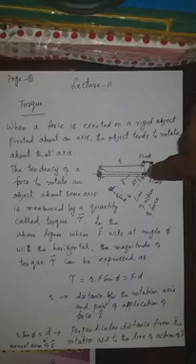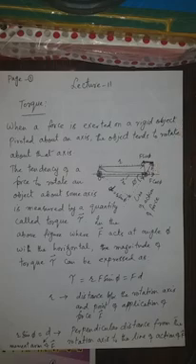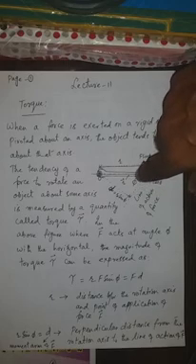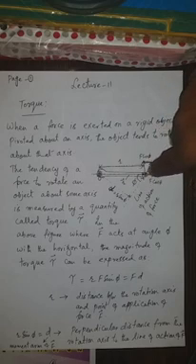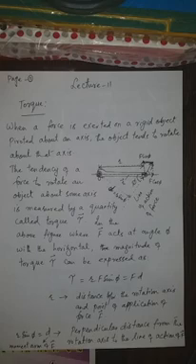Now we will resolve this vector into its rectangular components, and we'll see that if this angle is phi, this angle is between the line of action of force and this horizontal axis, which was our x axis as well.